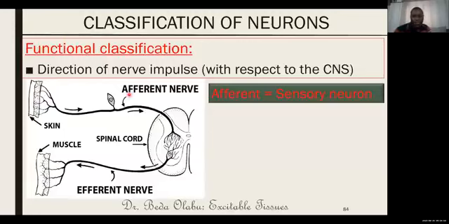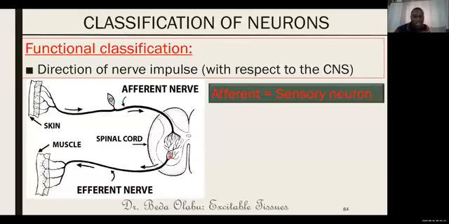On the other hand, now you realize that we've just used a pseudounipolar neuron for that purpose, because this receptor, or rather this organ, is the skin here, so most likely it's carrying information regarding general sensation like pain or touch. So it's a pseudounipolar neuron anatomically, but functionally we call it an afferent neuron.